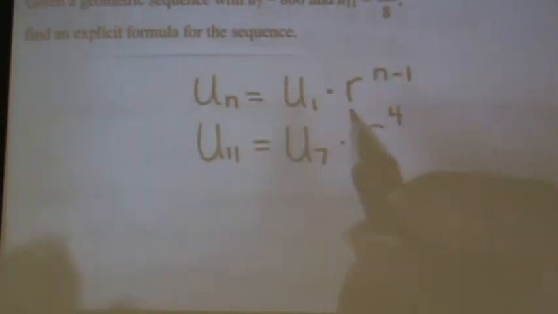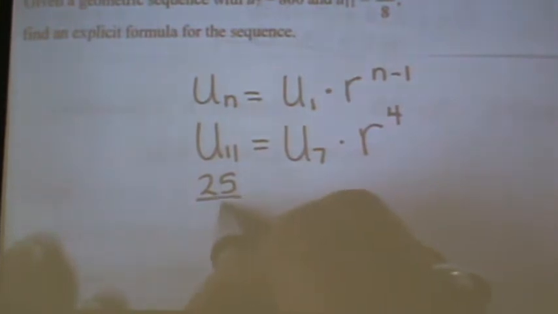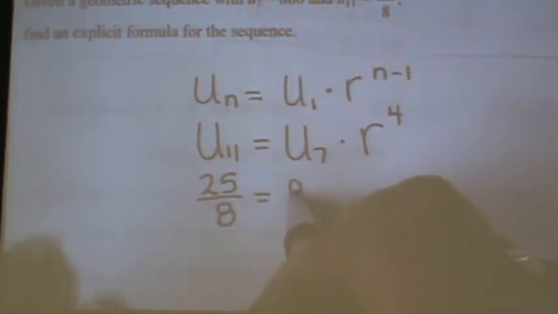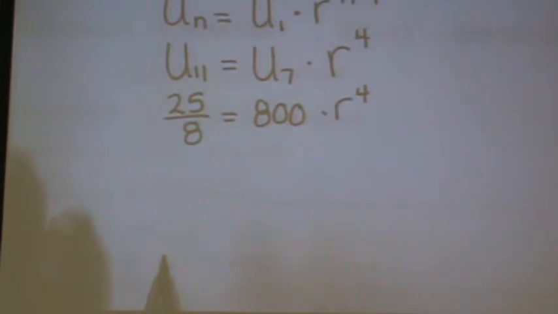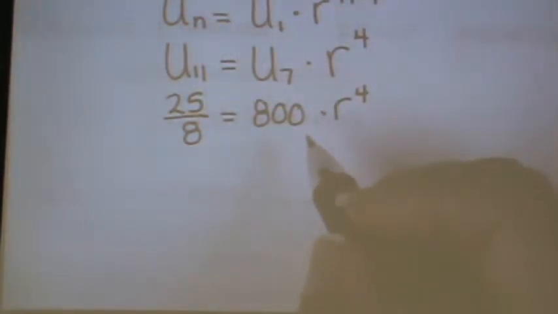Now, replace values. So 25/8 goes in here, and 800 goes here. I'm trying to find R like I did on this problem. How do I get R by itself? And this is where it just got ugly.